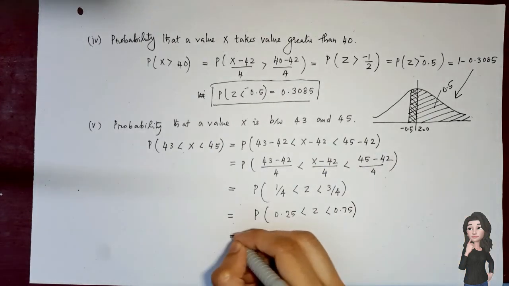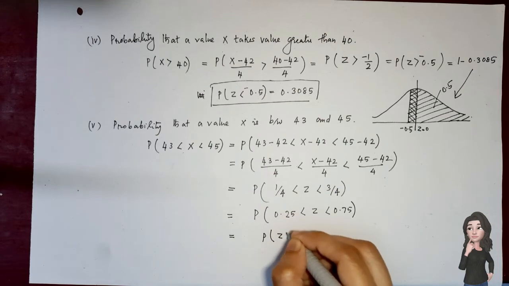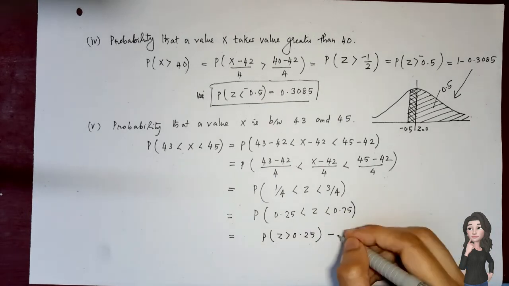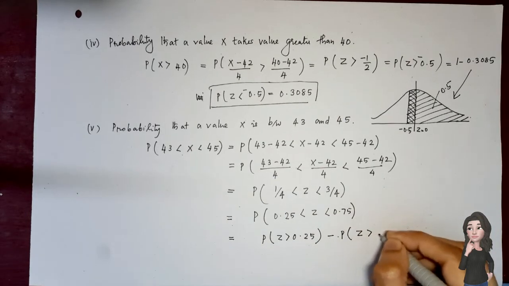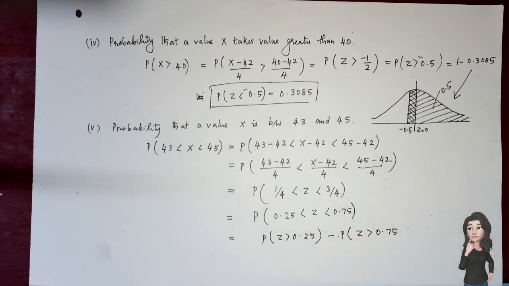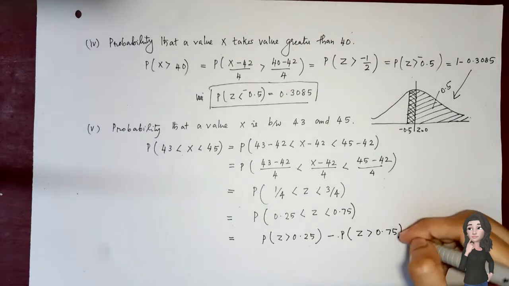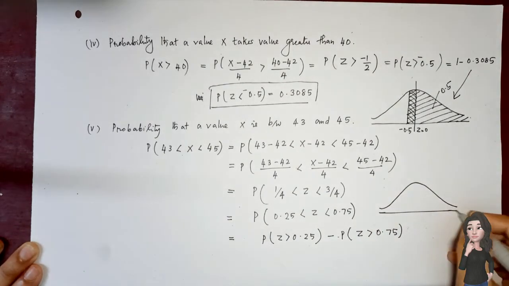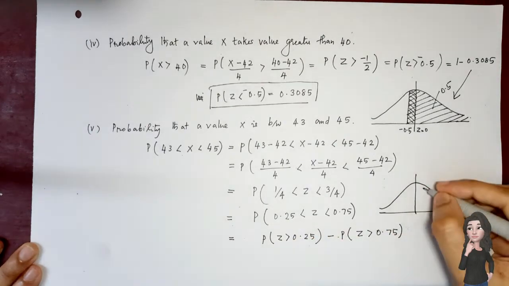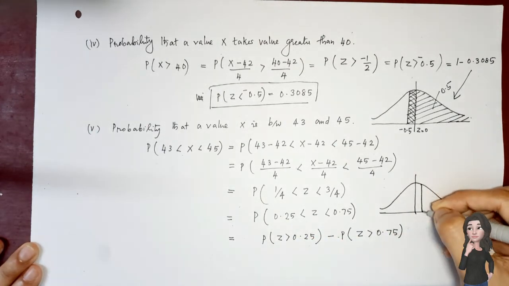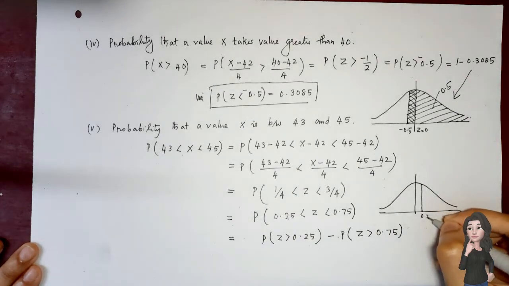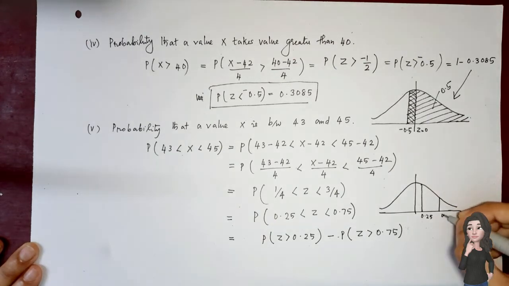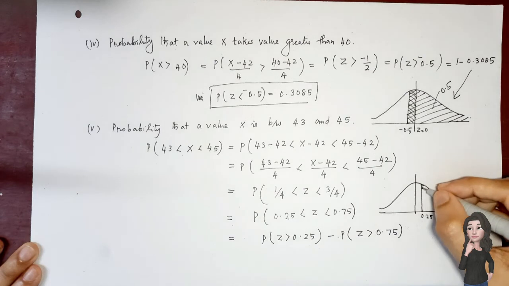So I can write this as the probability of z greater than 0.25 minus the probability of z greater than 0.75. I can write this because, from the normal curve, if I mark 0.25 here, and I mark 0.75 here, this is my required area.